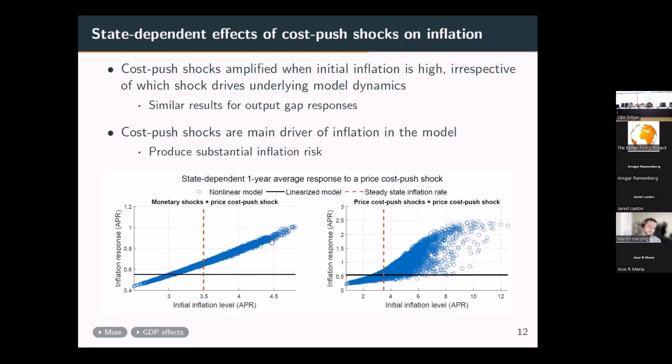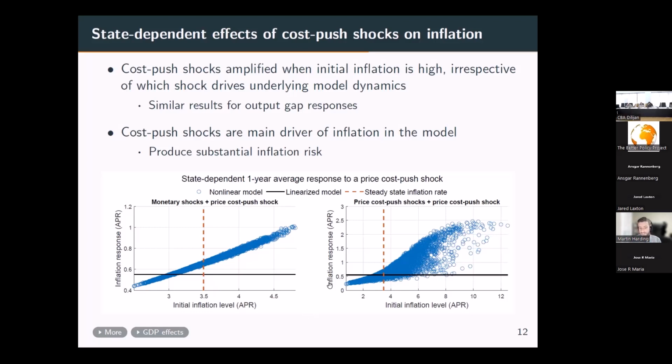And this tells you what we were also referring to before in the previous slide with the Phillips curves. When initial inflation is low, the same shock will trigger a relatively low response of inflation. But when inflation is elevated, the same size of the shock is going to trigger a relatively large increase in inflation in the nonlinear model. So this is similar to what we had seen before.